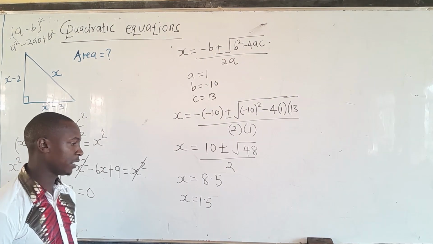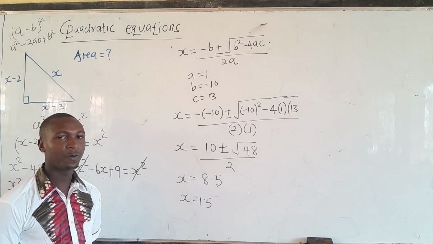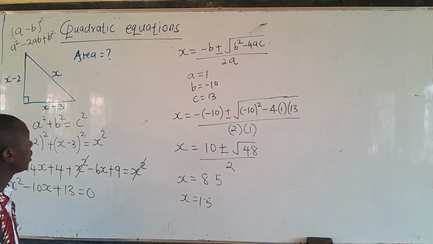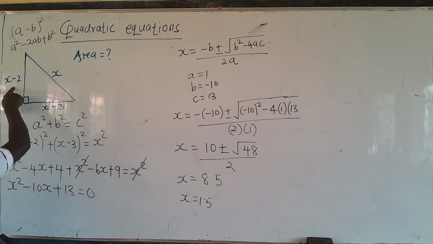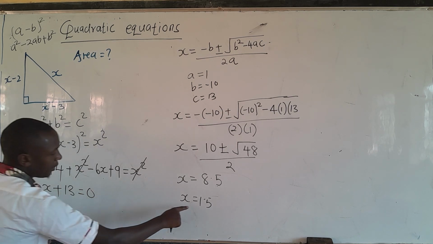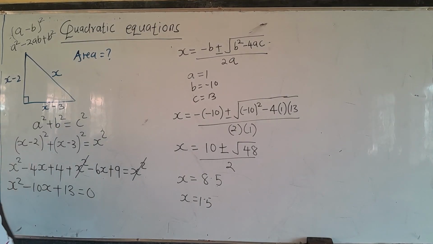So what we need to do is find two possible areas, because we can replace these values for x right here.